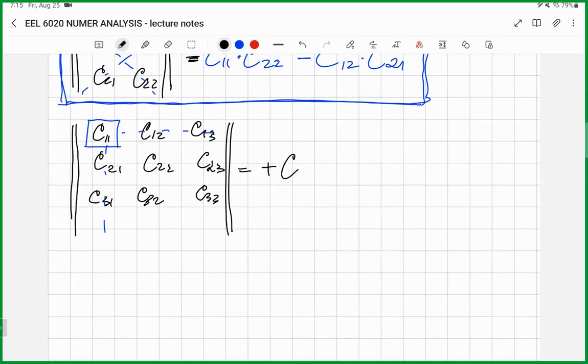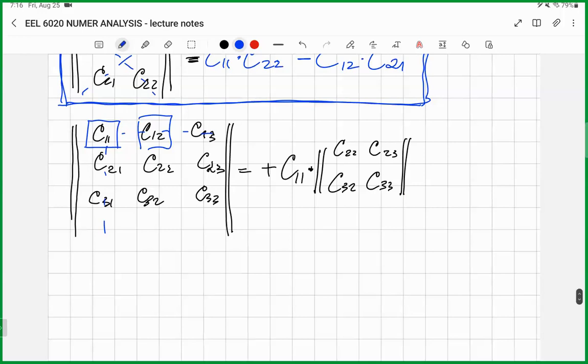Then this element itself, C11, times the determinant of this submatrix: C22, C23, C32, C33. Then for the second element, I cross out the column and the row. The indices 1 and 2, the sum of them is 3. 3 is odd, so that makes me put minus here.